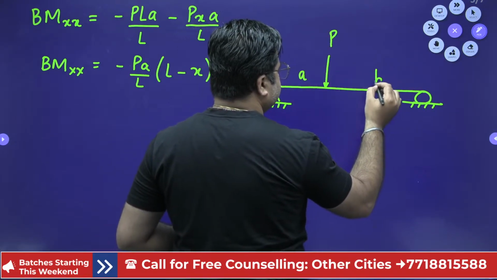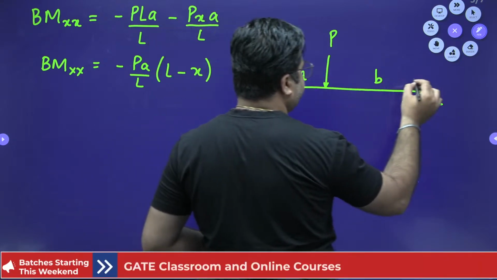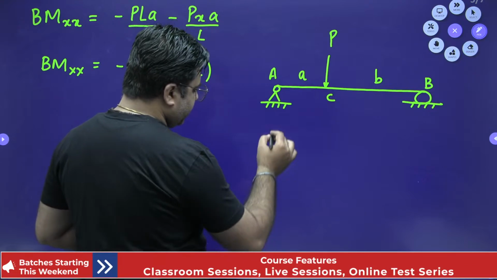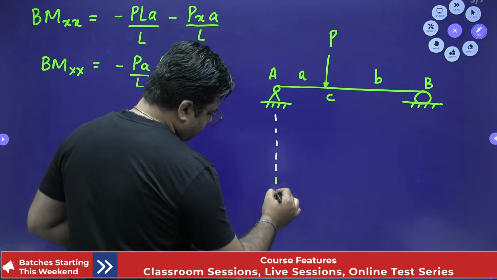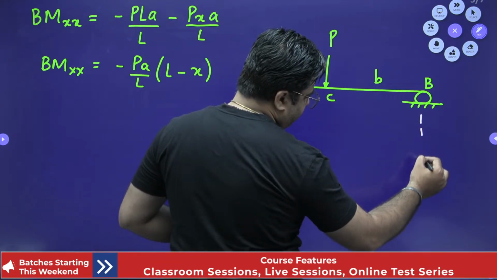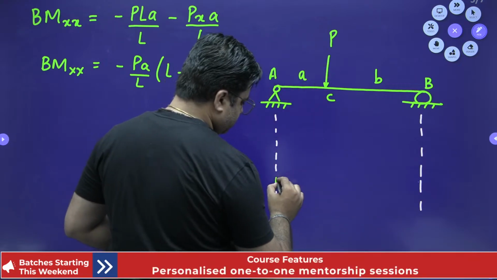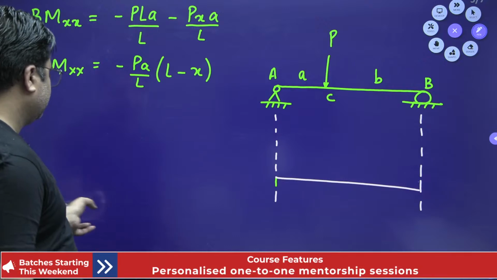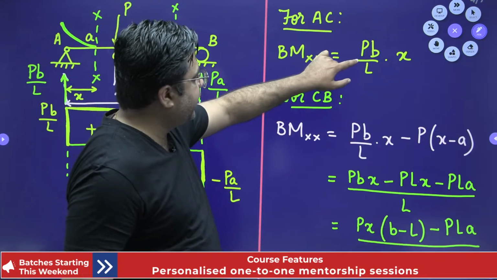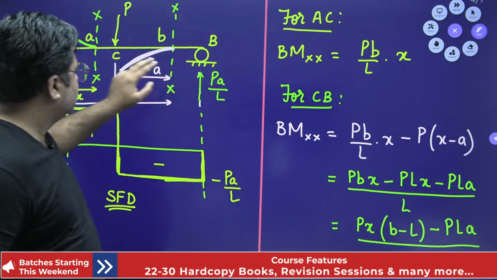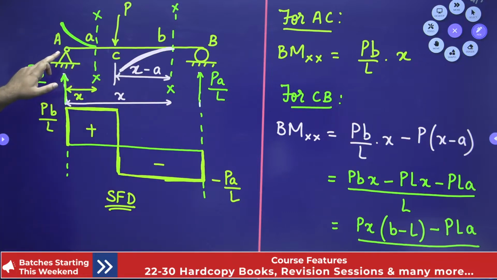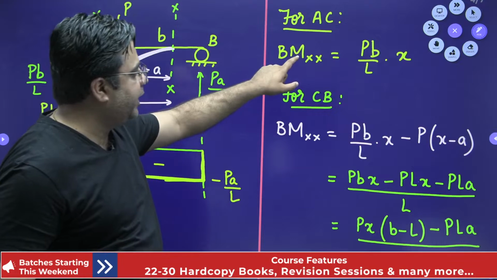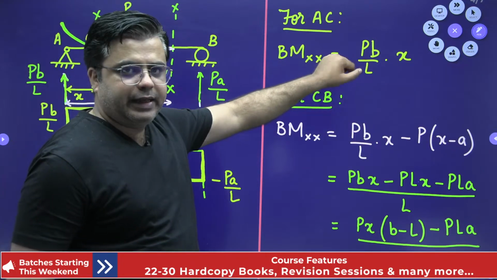This is A, this is B, and this is point C. So when I draw the bending moment diagram, first of all, at point A, the value of bending moment, when you look into this equation for span AC, at point A the value of X is 0. So when you substitute X equals 0, you will find the bending moment is 0 at point A.